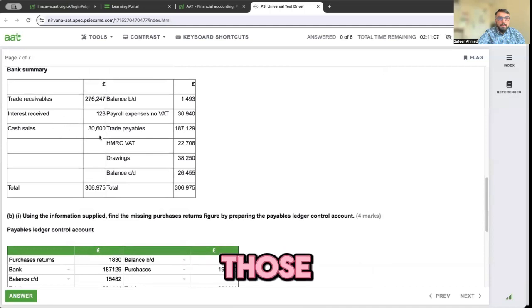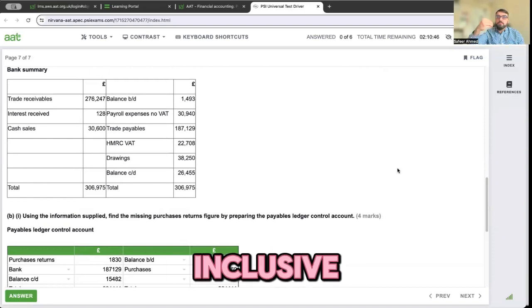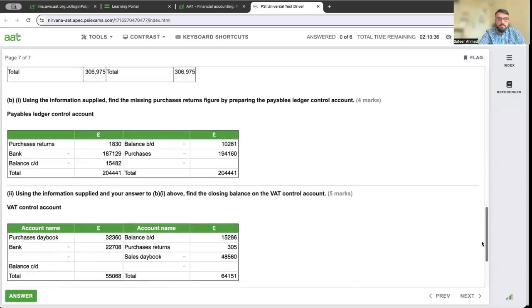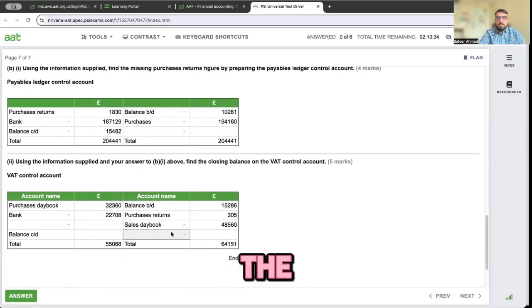Okay, trade receivables. We do have cash sales as well here. And remember that on cash sales, there is VAT as well. What we receive from cash sales is inclusive of VAT. So in order to calculate VAT on that, it will be 30,600 divided by 6, which is going to go on the credit side as well.